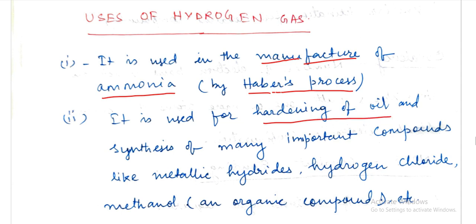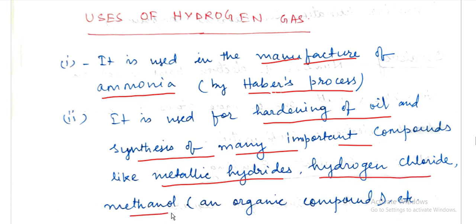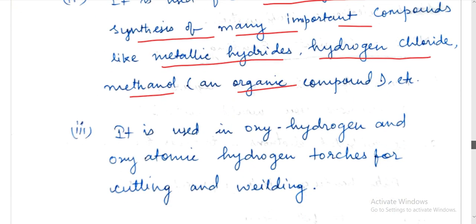Next, it is used for synthesis of many important compounds like metallic chlorides, hydrogen chloride and methanol, which is an organic compound. All these substances are prepared by using hydrogen gas.